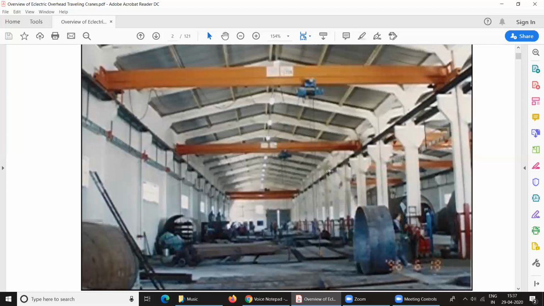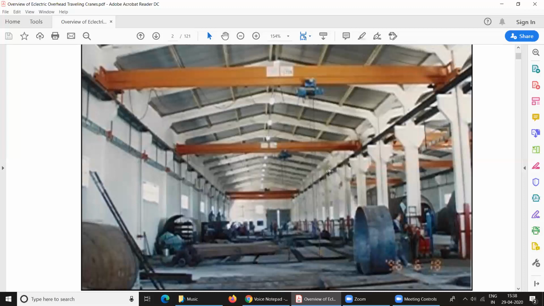The upper end of the boom supports a hook or other end attachments for lifting the load. So we can see a hook on a crane to lift a load. Different types of cranes are grouped under this classification.